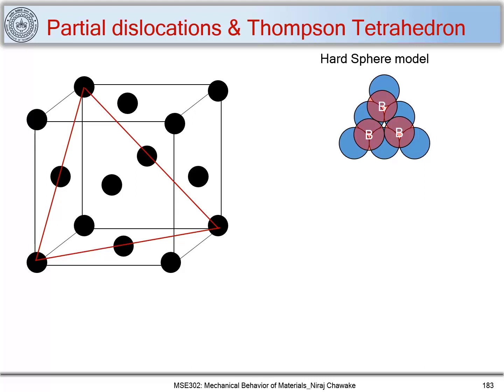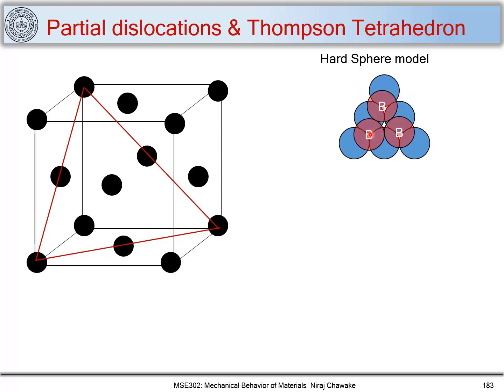Now let's look at the dislocations in the FCC structure. So you have A atoms which I have marked here and B atoms which are sitting at this position over the A atoms. And let's consider a hard sphere model.